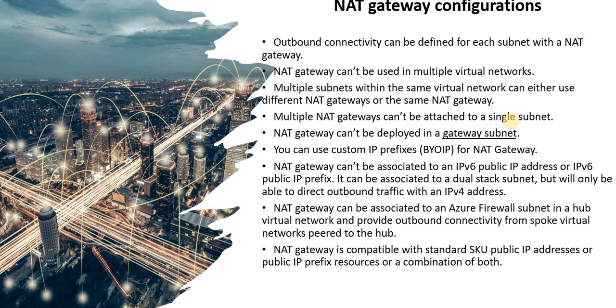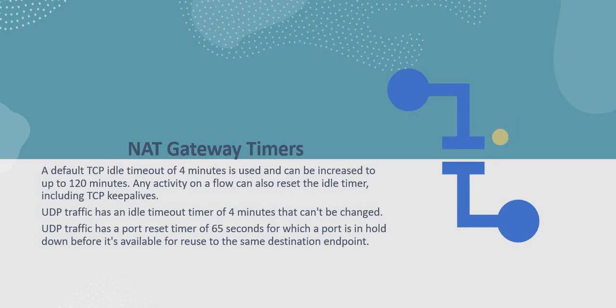NAT gateways are compatible with standard SKU public IP addresses and public IP prefix resources, or a combination of both. NAT gateway has a TCP timer. By default, TCP idle timeout is 4 minutes and can be increased up to 120 minutes.